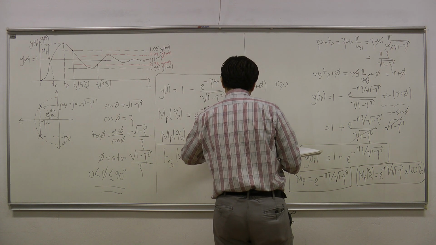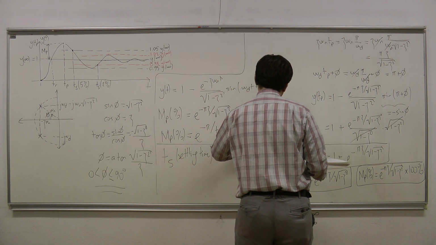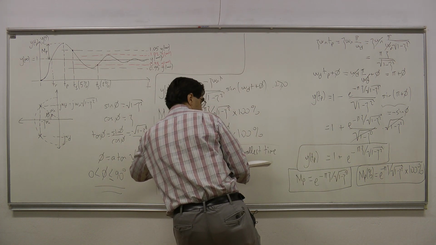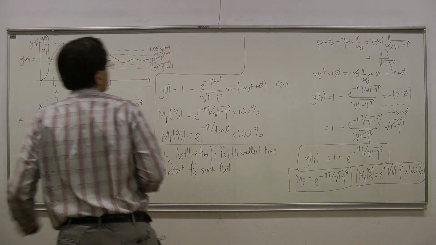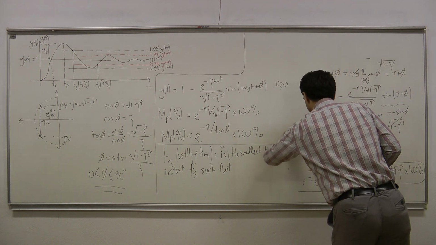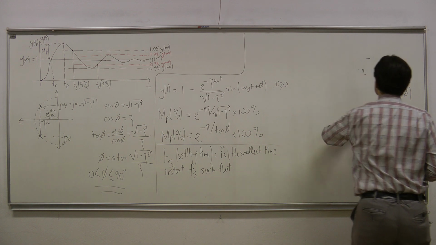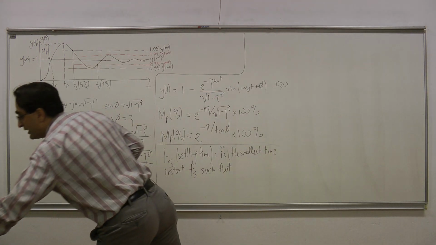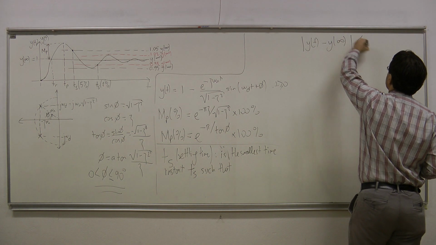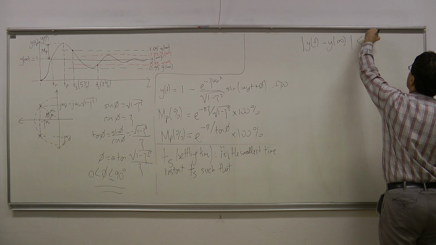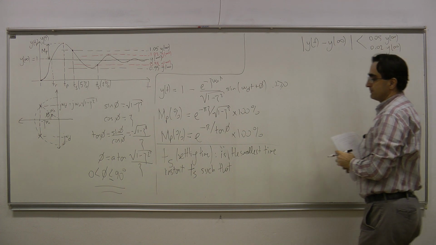It is going to be the smallest time instant Ts such that, now I need to write the condition here, the absolute value of y of t minus y of infinity is smaller than either 0.05 y infinity, or 0.02 y infinity. Okay?